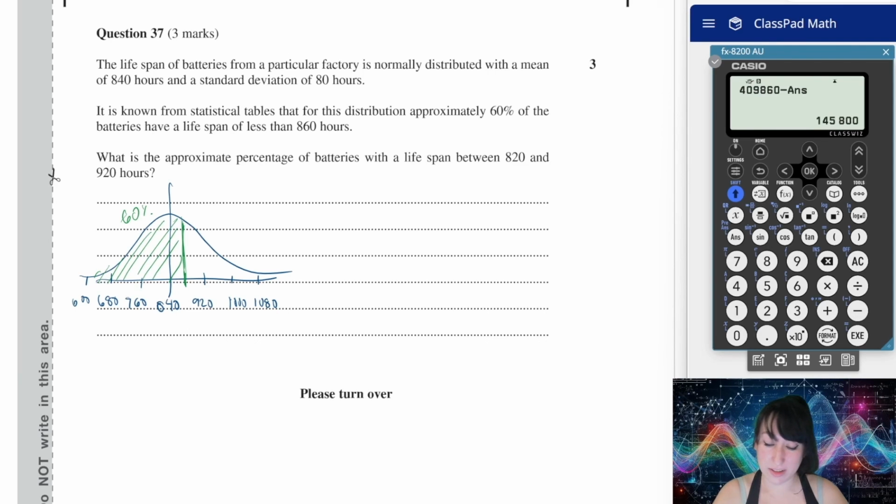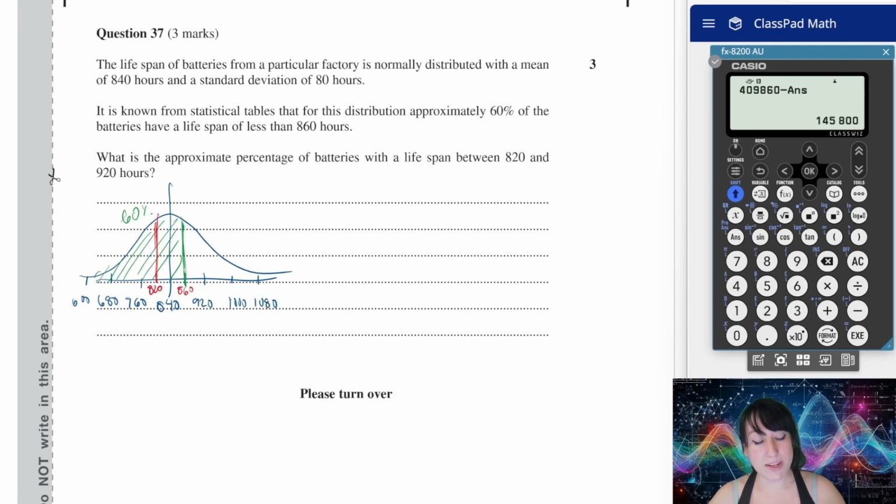Now, when we're looking for 820, that's going to be below 840. And notice how that's symmetrically below 840 because 860 here is 20 above. 820, of course, is 20 below the mean. And so we're going to use symmetry here to work out the percentages around this.